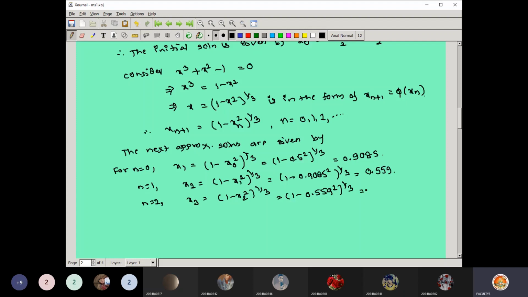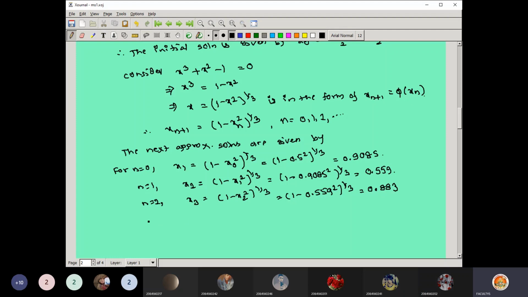Again you use the calculator. First the bracket button, 1 minus 0.559 square, bracket close and power button 1 divided by 3. How much are you getting? 0.883. Right, 0.883. So the answer is different.